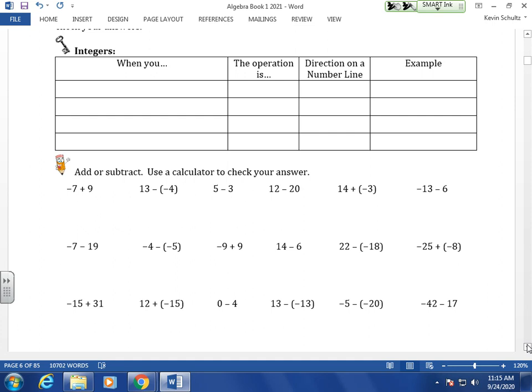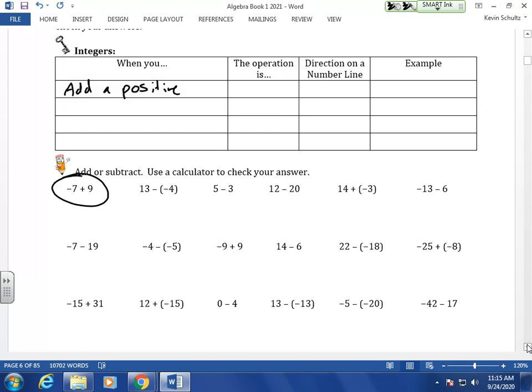Okay. So we're going to start with when you add a positive. Give me an example of one of these 18 expressions down below that shows we're adding a positive. Yes. Negative 7 plus 9, that is adding a positive.